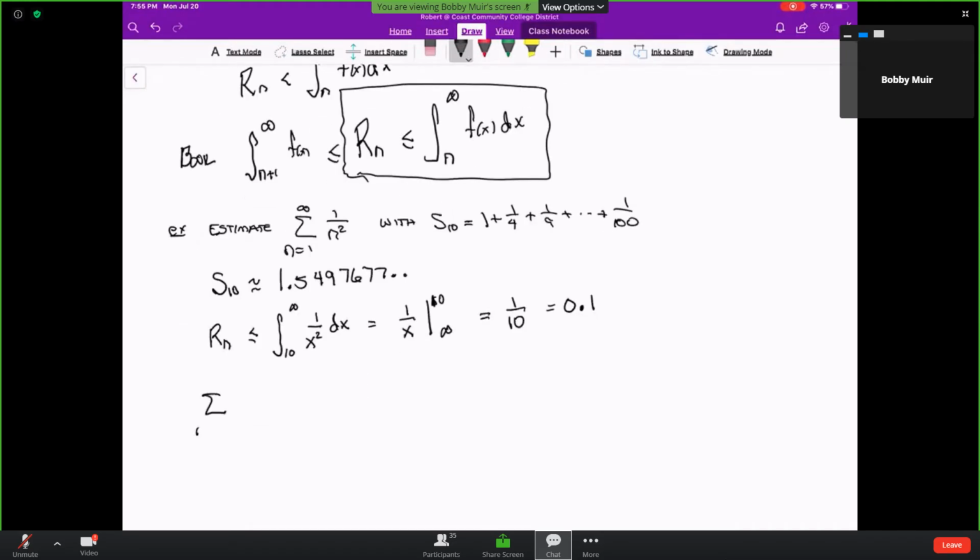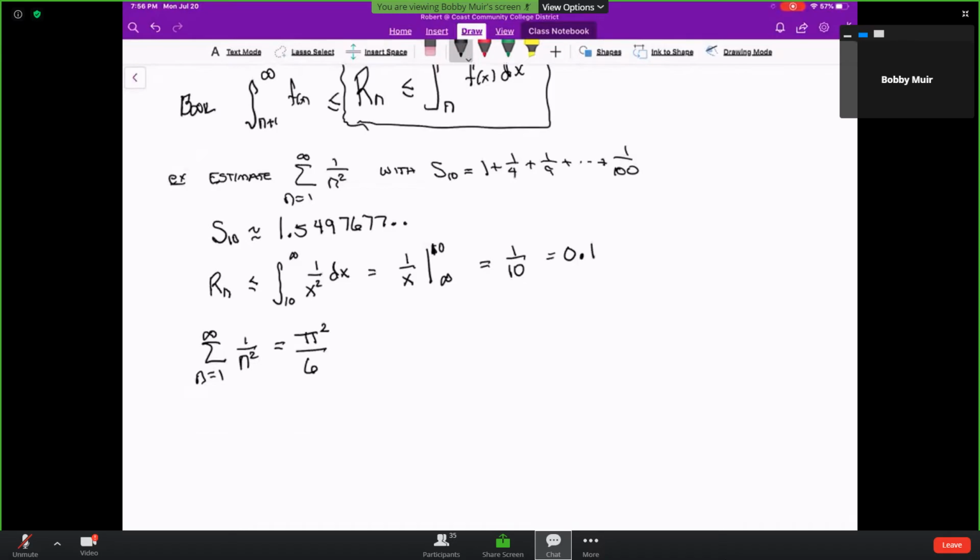Now, I know what this sum adds up to, and I can actually do it several ways. I'm going to give you the way that you'll understand. You need complex analysis to understand the other ways, and you need Fourier series to understand another way.